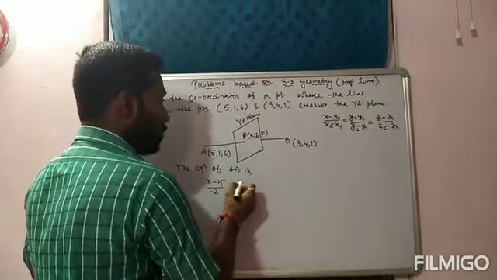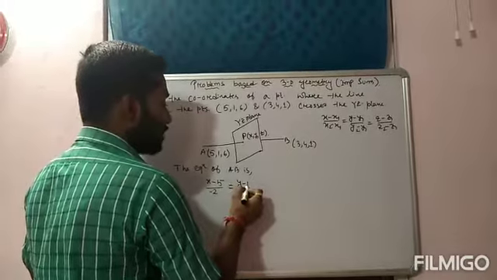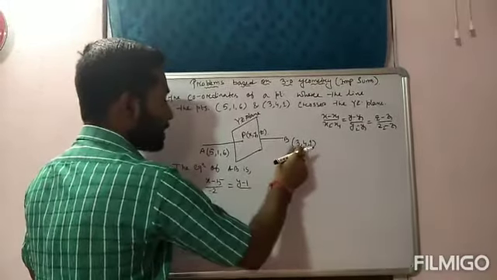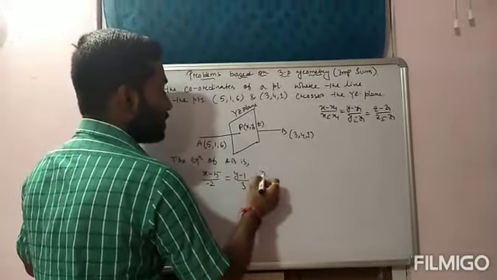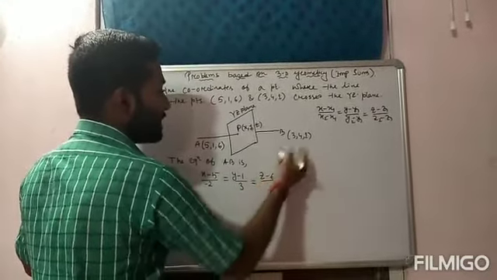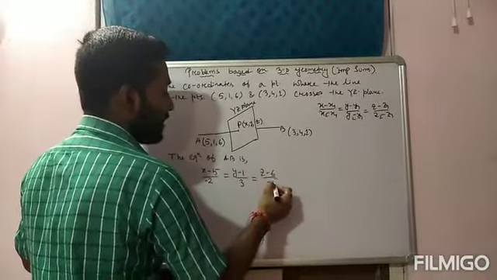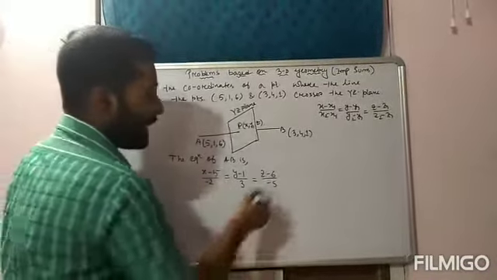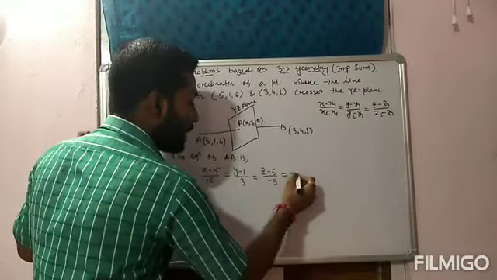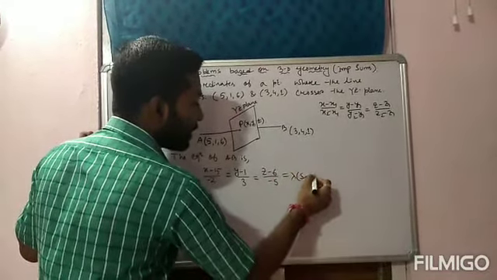This is equal to y minus y1, y1 is 1, divided by y2 minus y1, 4 minus 1, which is 3, which is equal to z minus 6 by z2 minus z1, which is minus 5. Okay, so this is the equation of the line AB, say which is equal to lambda. यहाँ पे मैं lambda पकड़ लिया.